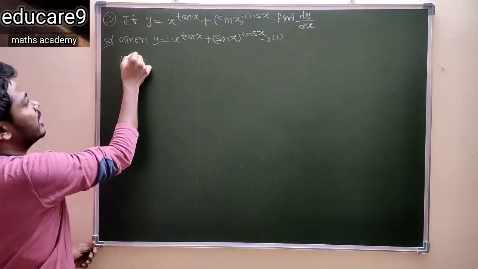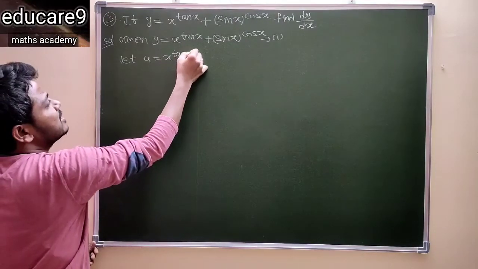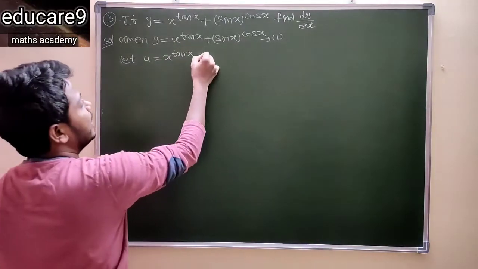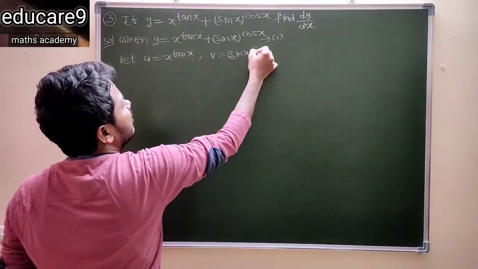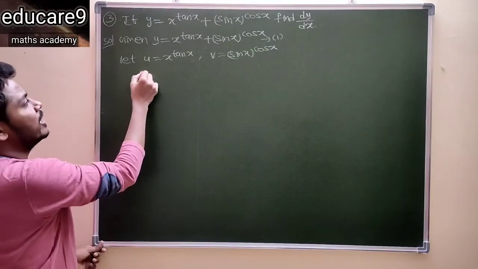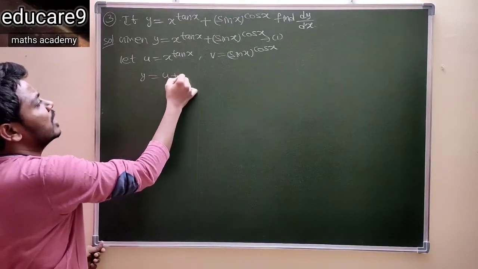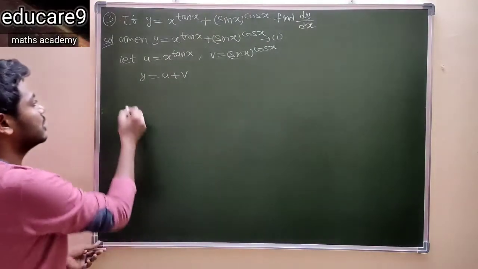So let us consider u is equal to x power tan x, and v is equal to sin x power cos x. So substitute in equation 1, y is equal to u plus v. Now differentiate with respect to x.